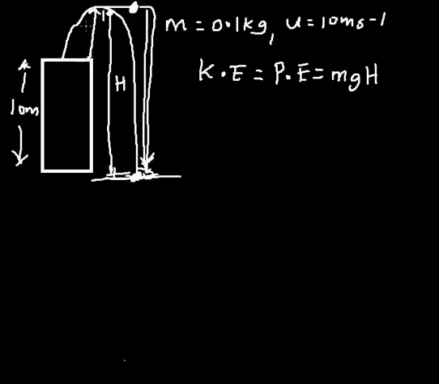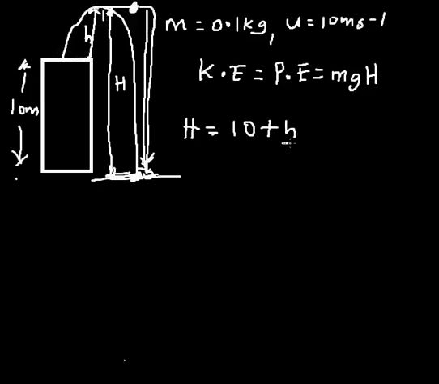Let me use small letter h to represent that. So the height from the maximum height to the ground, capital H, is going to be equal to the height of the tower, which is 10 meters, plus this small letter h, the height from the top of the tower to the maximum height attained by the bullet.